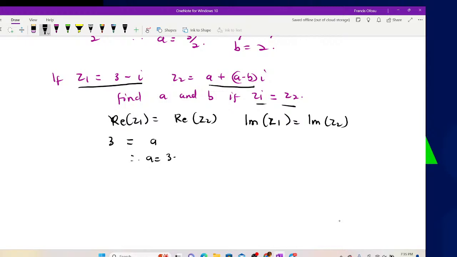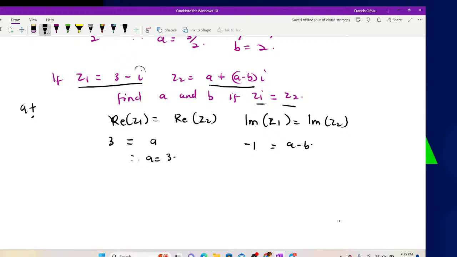The imaginary part of z1 here is the coefficient of the operator i, which is -1. It is -1 because the general representation of complex numbers is a plus bi. So since the general representation is positive and here is negative, we can say that the coefficient of i is -1. In z2, the coefficient of i is a minus b.